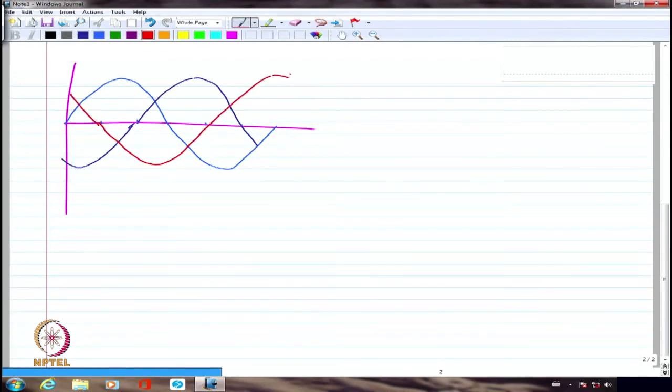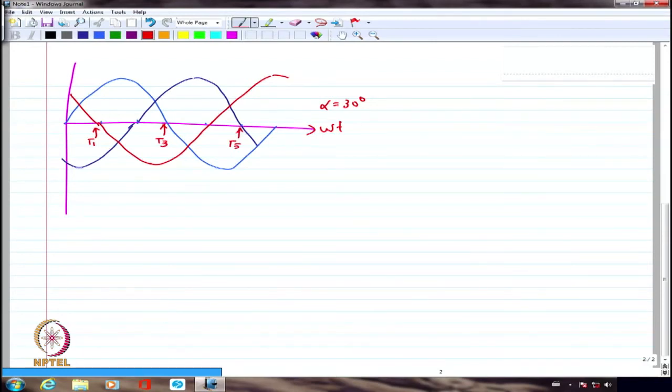I am talking about omega t, alpha equal to 30 degrees. We said that here is where we fire T1, this is T3, this is T5.